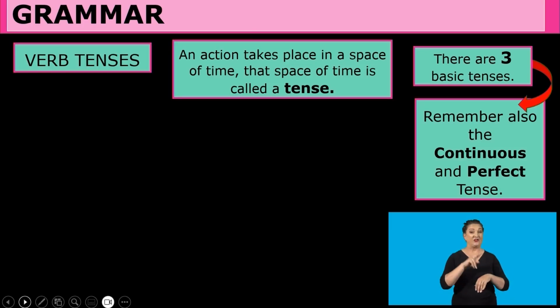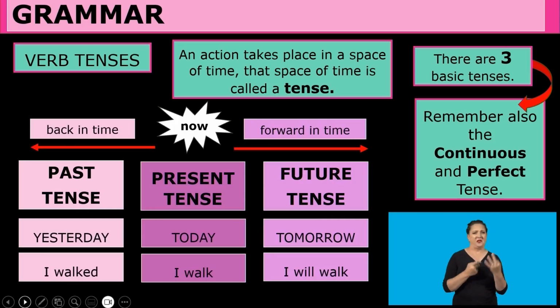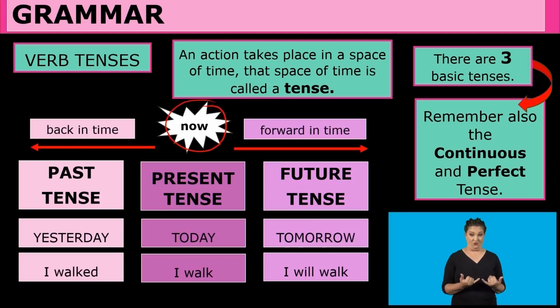Verb tenses. An action takes place in a space of time, and that space of time is called a tense. There are 3 basic tenses, but remember, we also have the continuous as well as the perfect tense. So let's break down our 3 basic tenses. I want you to see that with the now, we have a little nice sparkly star there, but you can either move back in time or you can move forward in time.